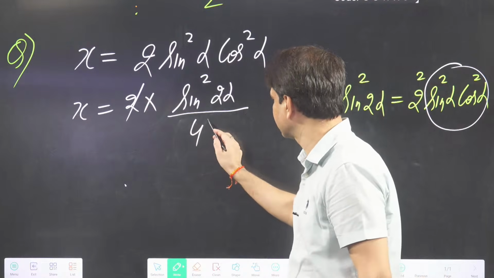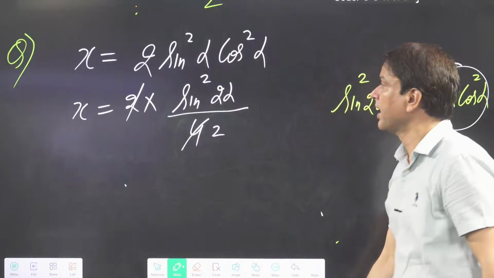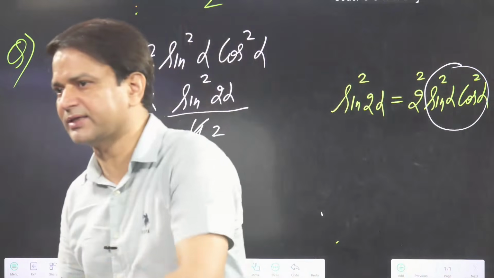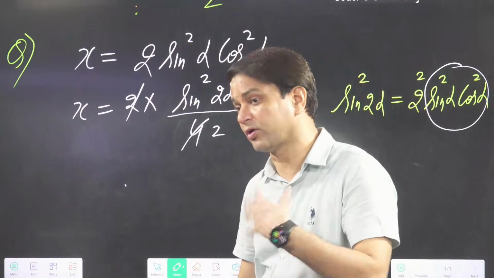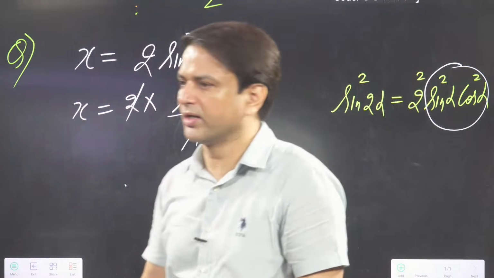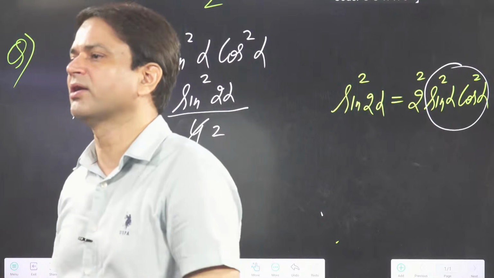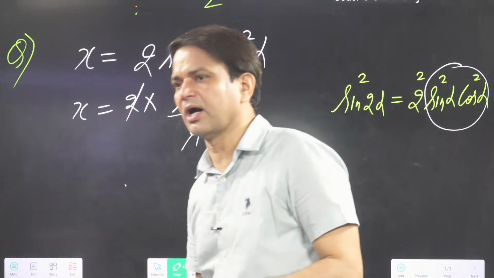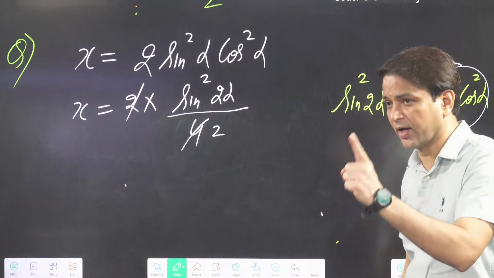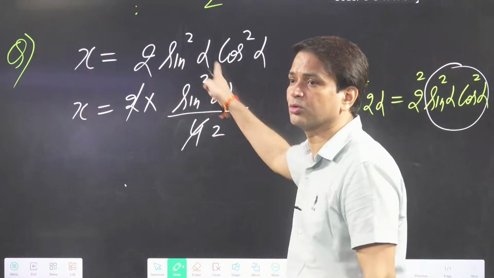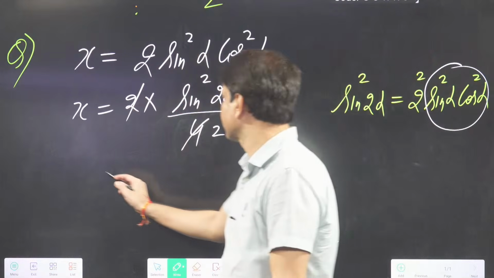Now this 2 and this 4 give 2. Suppose you take 2 alpha as theta. Sin theta maximum value is 1. 1 square is 1. If you take less than 1, the square will be less than 1. So the maximum of sin square 2 alpha is 1. Then what is the maximum x you will get?